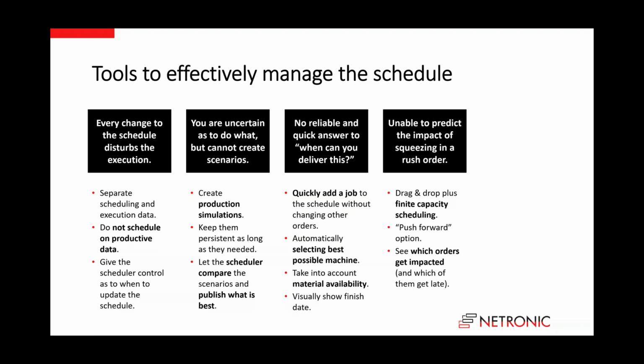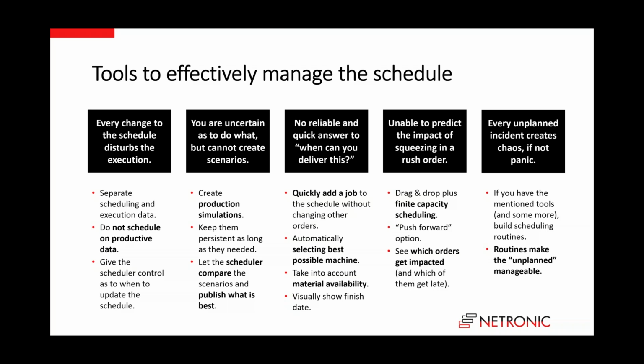Of course, we also can squeeze something in by drag and drop, and this drag and drop is backed up by finite capacity scheduling. So no resource overloads like we have in standard Business Central. We have the option to say push forward, move this order through the shop as fast as possible, and then we see which orders get impacted.